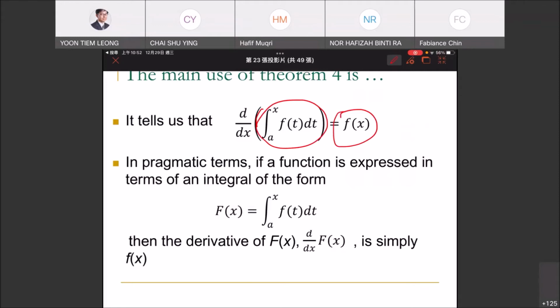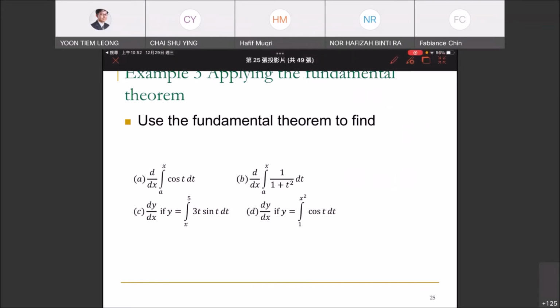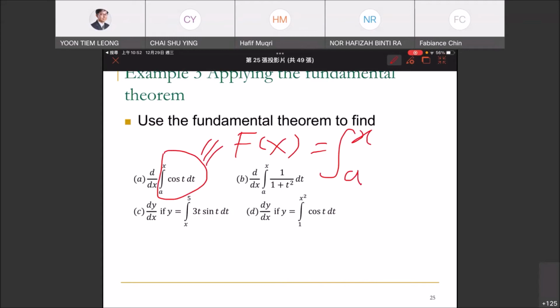Okay, so let us look at a simple example of this. You are asked to find the derivative of this function. So this is a function of capital F in the variable x, where the x appears to be the variable that goes into the definition of a definite integral, right?